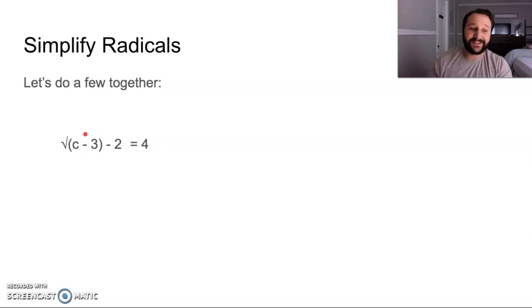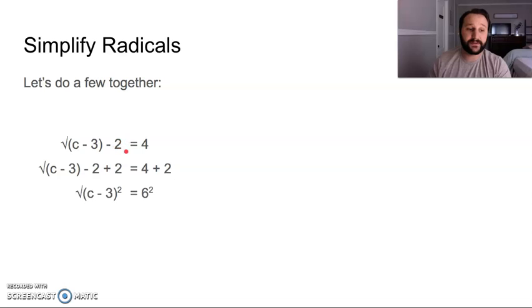Alright, hopefully you solved this. We've got the square root of c minus 3, minus 2 equals 4. We just want to add 2 to both sides to cancel out this negative 2. Then we're left with the square root of c minus 3 equals 6.